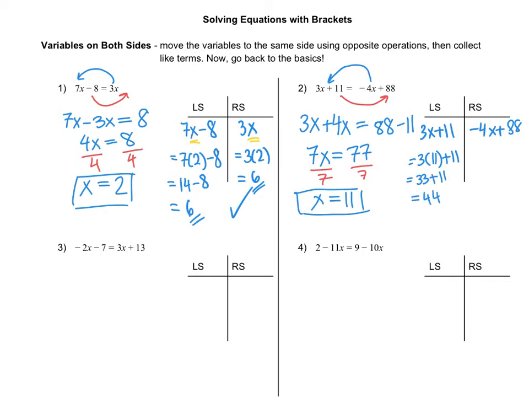And you can completely skip this step if you want and just put this into your calculator to get the 44. And the next one, negative 4 times 11. Negative 4 times 11 is negative 44, and when I add on the 88, I get 44 as well. So I'm confident and I can move on knowing I got 100% on this question.